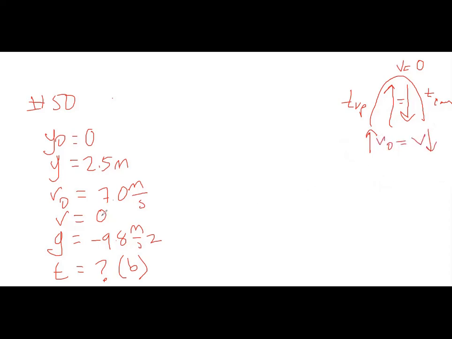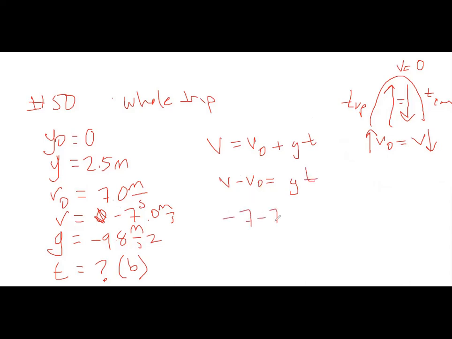So if we did this for the whole trip, the final velocity would be -7 meters per second. So we could do that again. V equals V naught plus GT. V minus V naught equals GT. -7 minus 7 over -9.8 equals T. And that's going to become 1.422 or whatever we had there. 1.43, it rounds up a little bit, same idea.